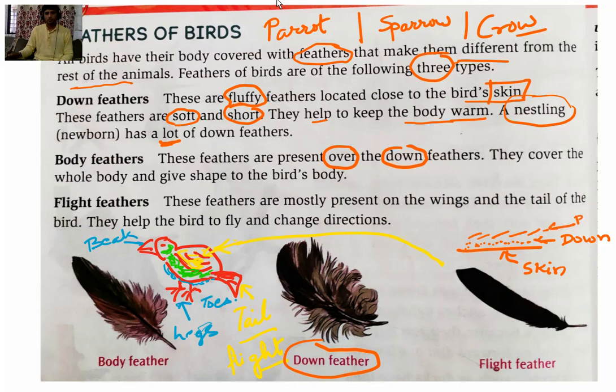So the first layer is down feather everywhere, then over that there is the body feather, which I have shown you in the green color.